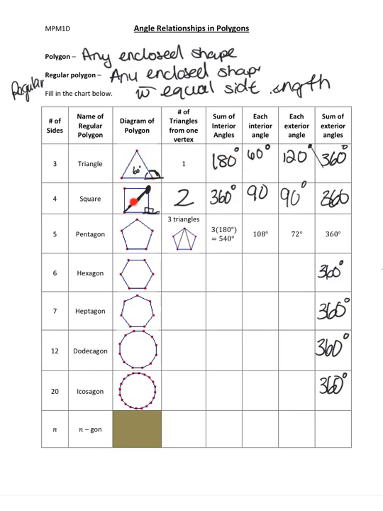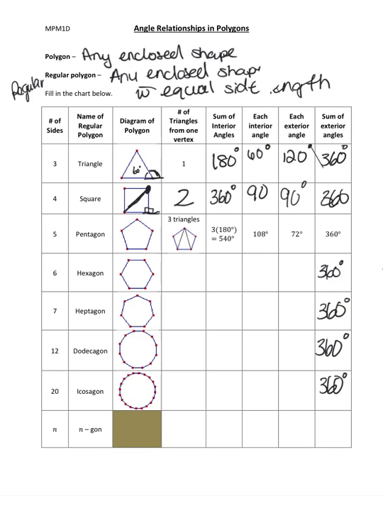Then in this shape, I can draw 2 triangles. Well, 180 times 2 is 360 degrees. And notice in a pentagon, I can draw 3 triangles. Now that's 540 degrees. Okay, so I want you to pause the video and try to fill in the table based on the pattern that you're seeing.